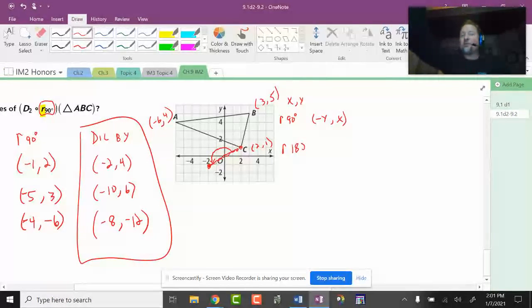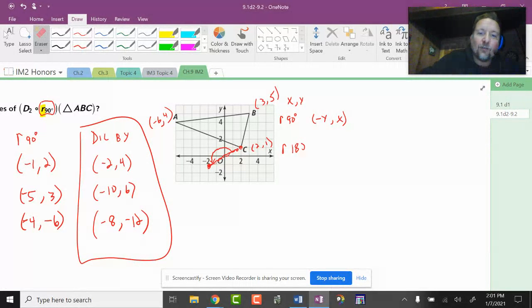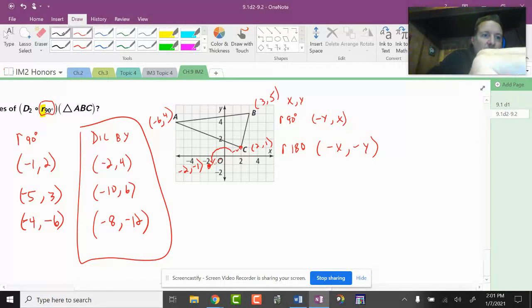By the way, all lines are straight. Don't ever say that again. It's like a redundancy. But don't you agree that that forms a line when I connect these two points? So to rotate 180, you actually just take the opposite of the x and the opposite of the y. Look at this, (2, 1) is now (-2, -1). So that is a rotation of 180 degrees.